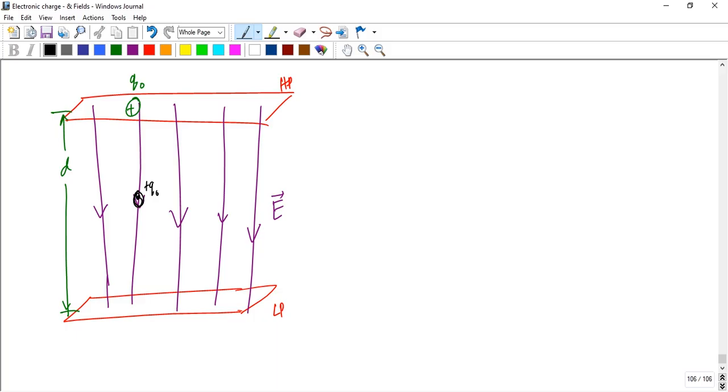Look very carefully at diagram A. The test charge moves along a straight path from the initial point I to the final point F, the gray path here.